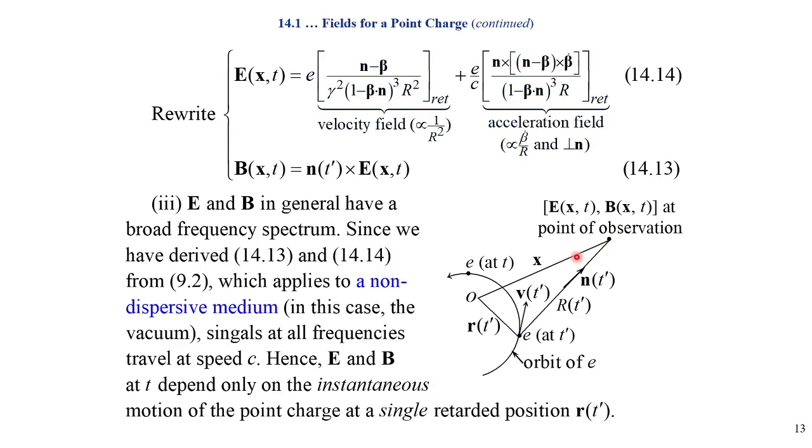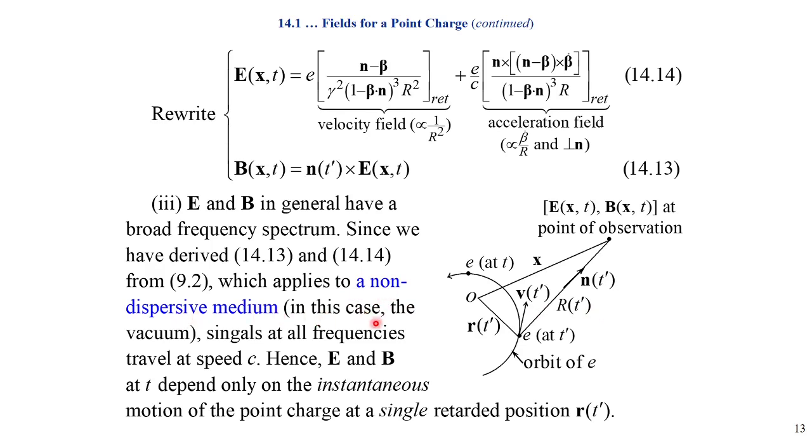More discussions. Discussion number 3. E and B in general have a broad frequency spectrum. It's not sinusoidal time dependent. It's a single point charge. Therefore, it corresponds to a very broad frequency spectrum, which applies to a non-dispersive medium.